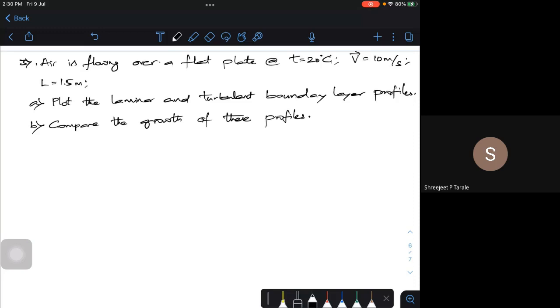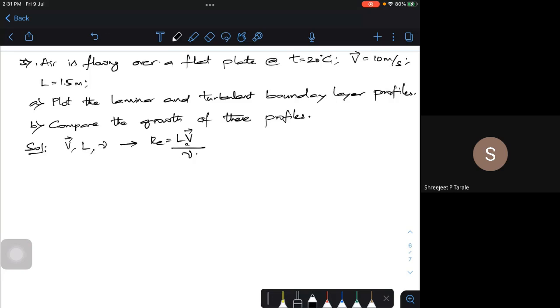Now, what I'm going to input for your program: I should be able to input the velocity and the length. Then I should input nu or rho, whatever it may be. From this, I will calculate the Reynolds number, which is LC divided by nu.